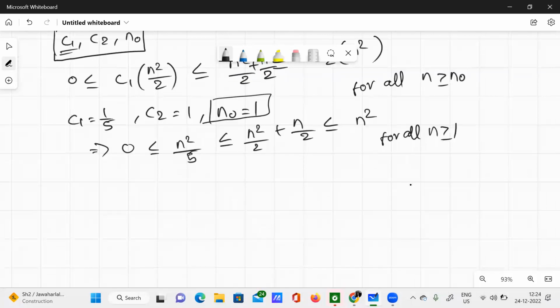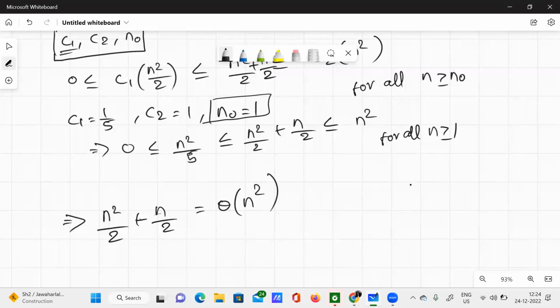So this equation ultimately becomes n square by 2 plus n by 2 is equal to theta of n square, right? Why? Because this n square by 5 would asymptotically become the tighter bound for this n square by 2 plus n by 2.